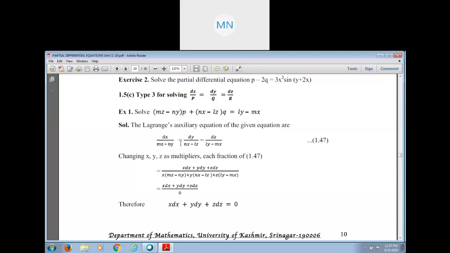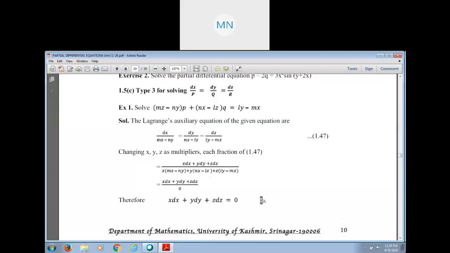If we directly multiply, then we get n dx. For the first one it is okay, but in the second term it is minus lz dx, because this is z and this is x, so we cannot integrate directly.